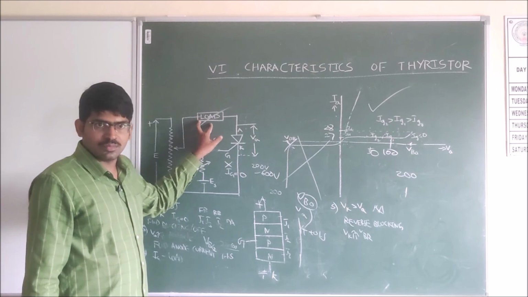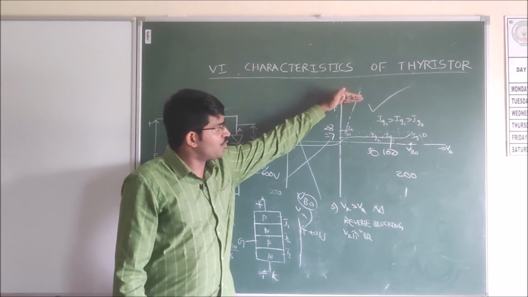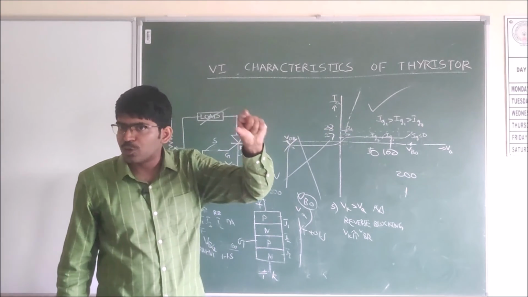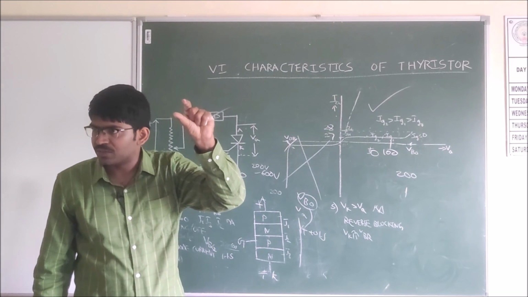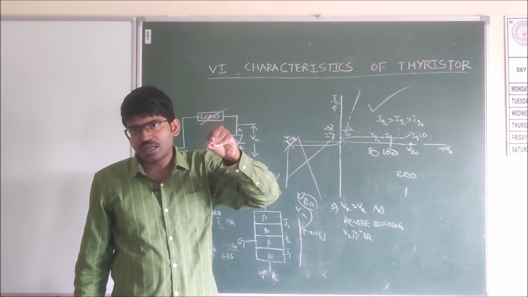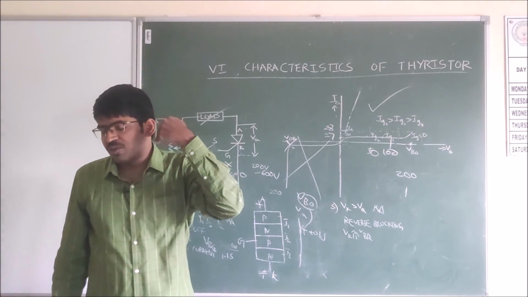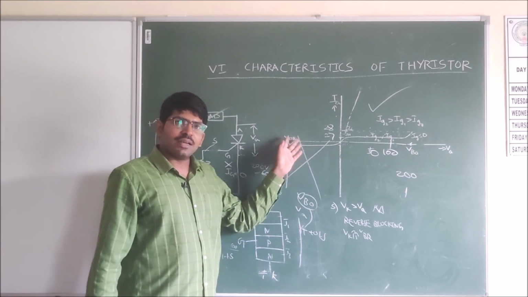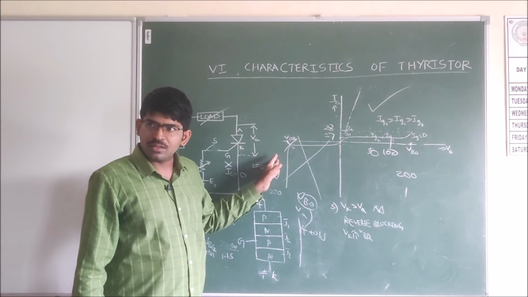External load. By using the external load, if we are reducing the current, what is the minimum current to maintain the thyristor in the on state? If we decrease below which current will the thyristor turn off? Okay. Can we operate the thyristor in the third quadrant?